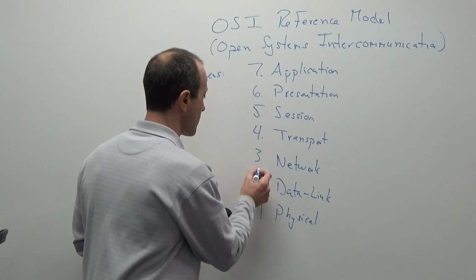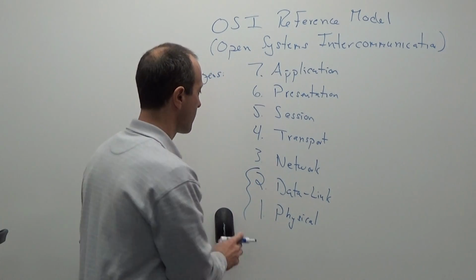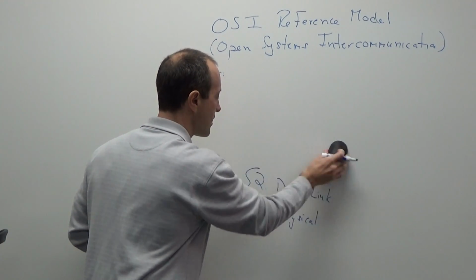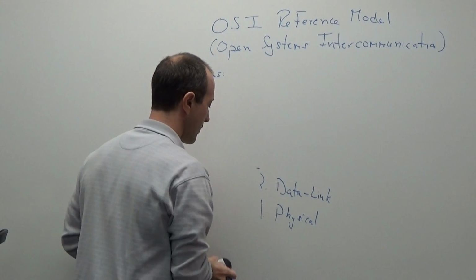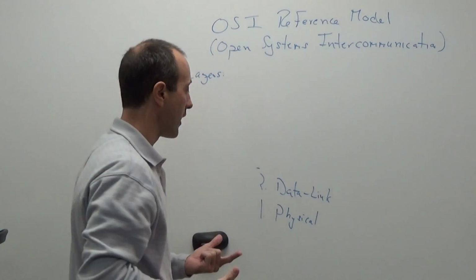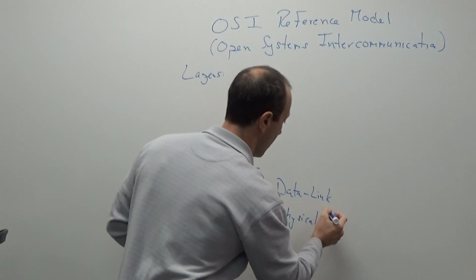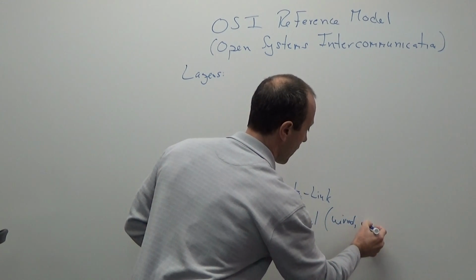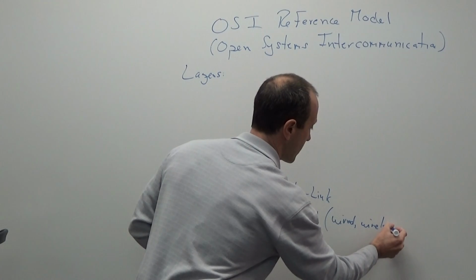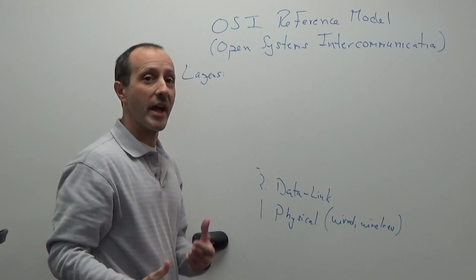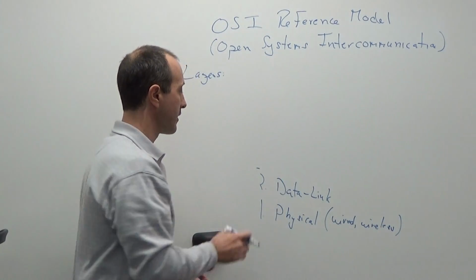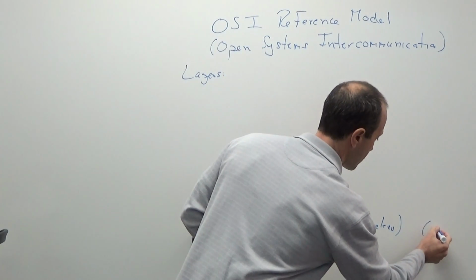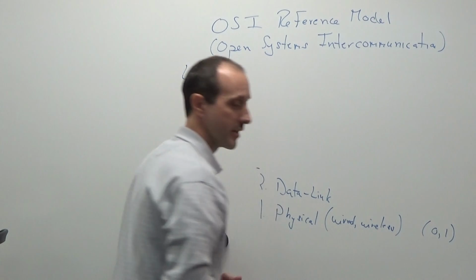Right now I want to focus on these 2 layers. So let me go ahead and erase this, because I'm going to need the space. When we talk about the physical layer, we're actually talking about the wired or the wireless technologies that actually transport the data. And at the physical layer, the data is transported in zeros or in ones. And that's called binary.